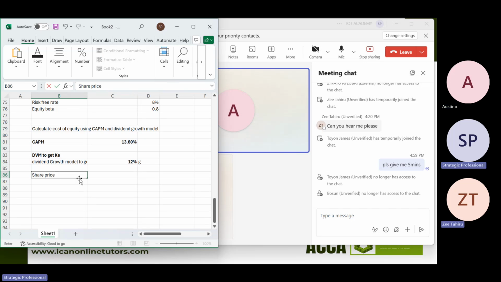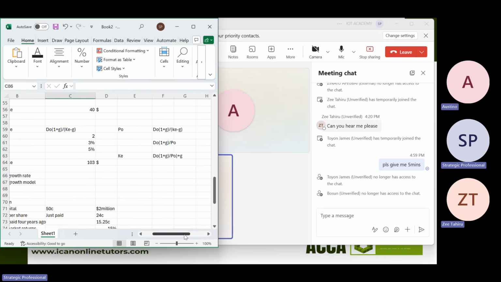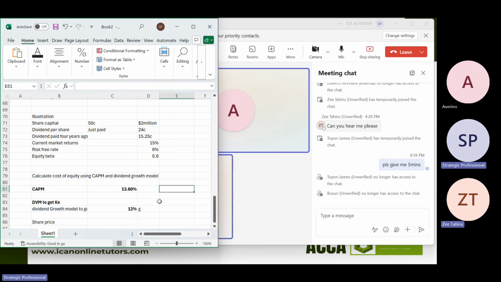We can change the formula, like P0 equals D0 plus g divided by Ke minus g. But the Ke in the question was not given.